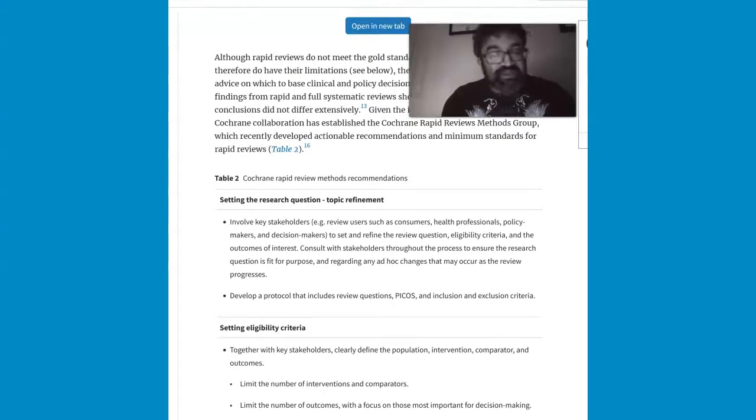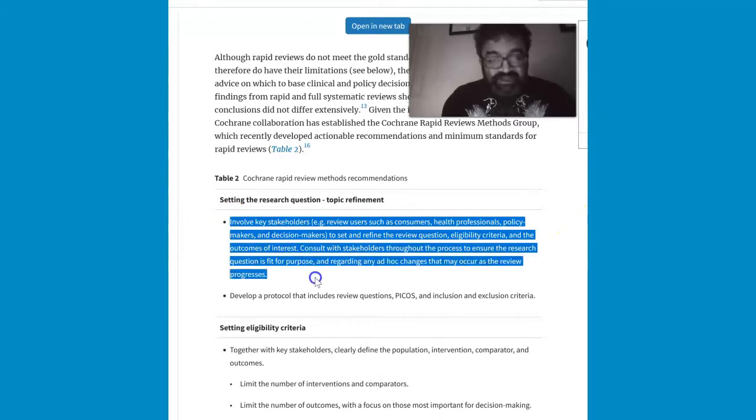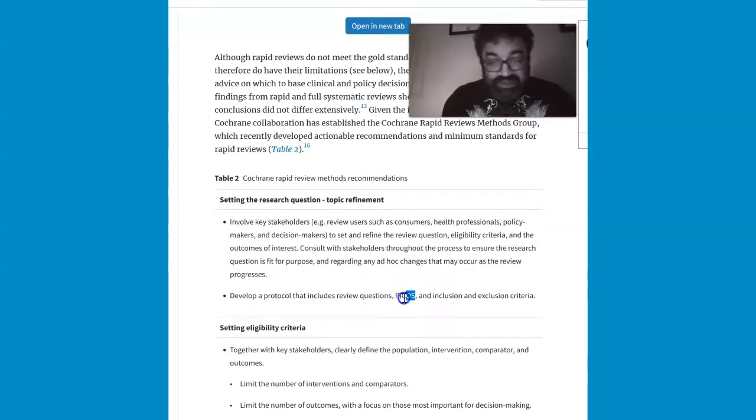Table 2 is interesting because this is actually Cochrane Rapid Review Methods recommendations. And I want you to go into this specifically in detail. It goes into PICOs, which I've lectured on extensively, and a lot of different things involving key stakeholders early on to set and refine the review question, eligibility criteria, and outcomes of interest.